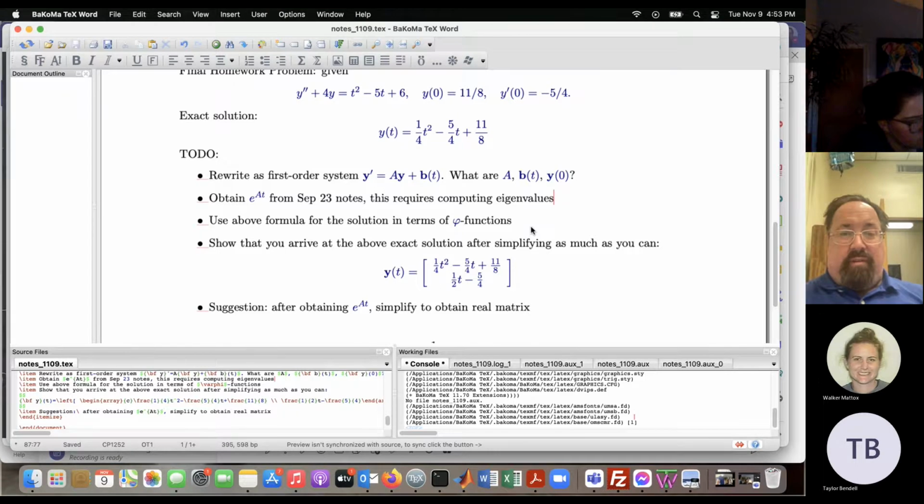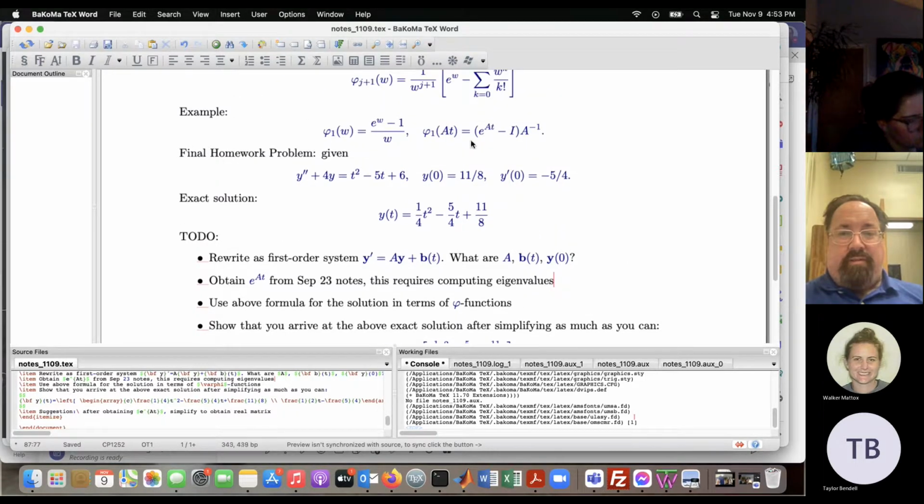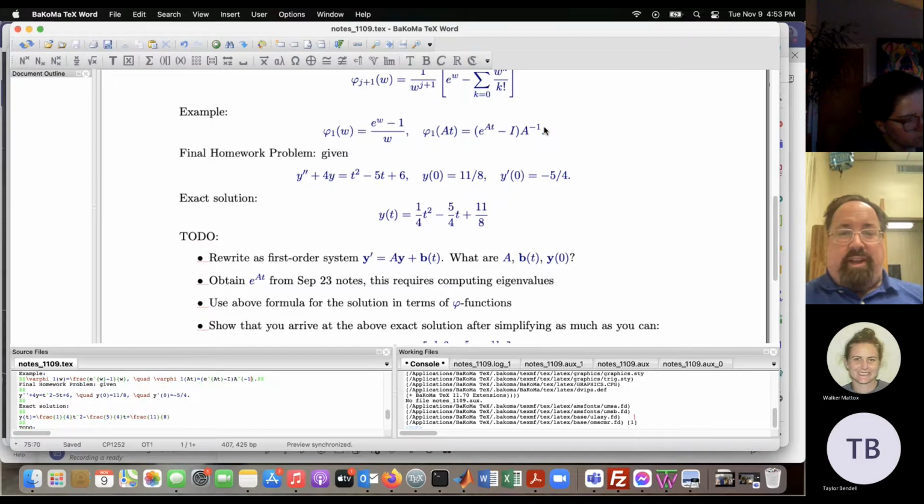Now, for the 5 functions, for example, this one right here, e^(At) you'll get from the second part, you subtract identity. A inverse, you would use a formula for the inverse of a 2 by 2.